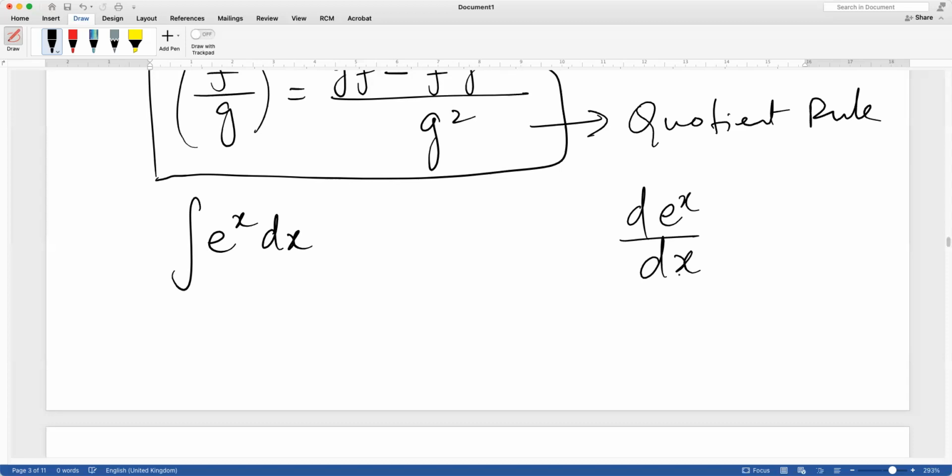When you look at this, x is the differentiating variable, but the base is a constant. e is approximately 2.718 and is an irrational number. It is some constant raised to the power of x, and x is our variable.